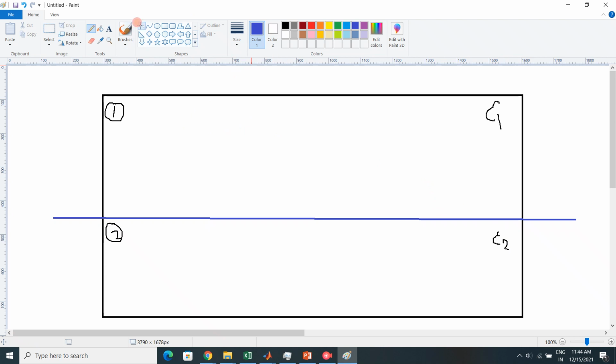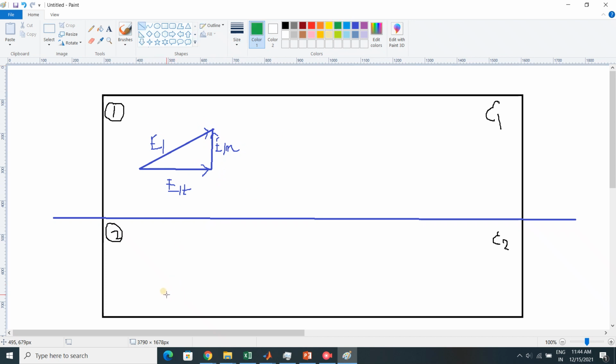Here we have an electric field intensity E, which is the summation of the tangential component and the normal component. This is E1, the electric field intensity of medium 1, with the tangential component and the normal component. These are vectors.